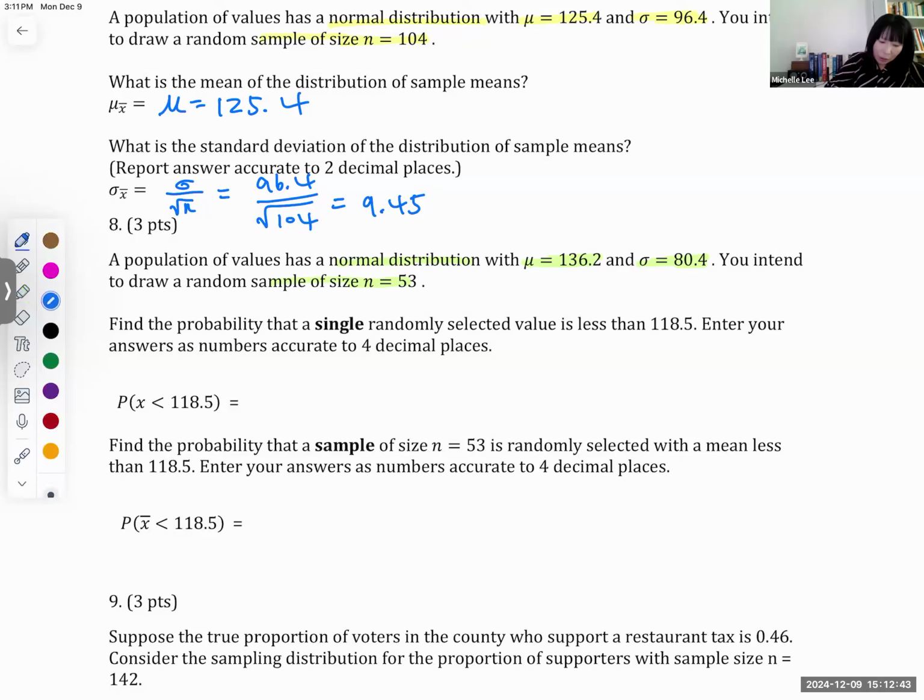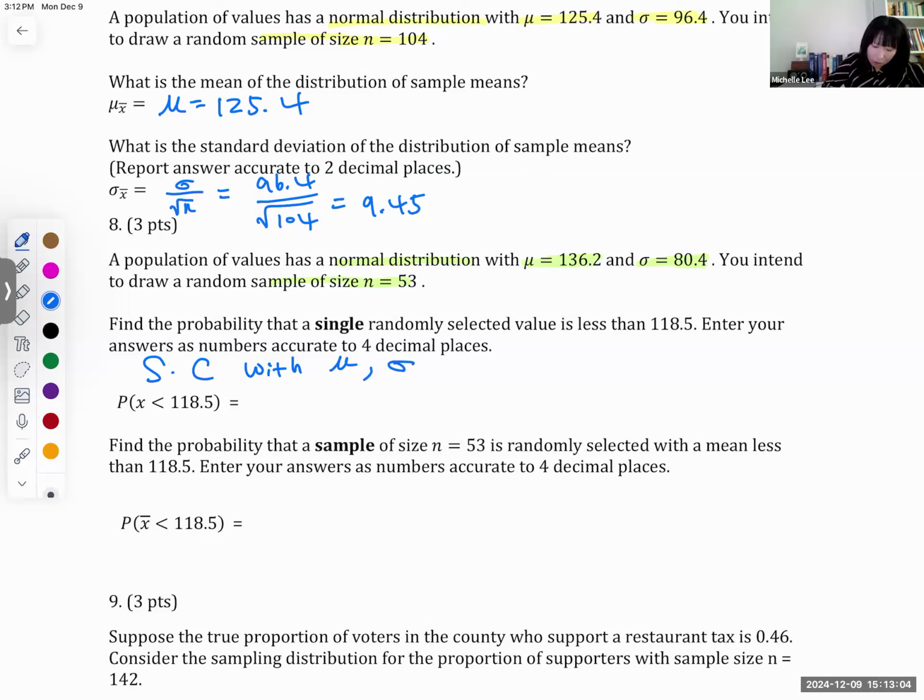Okay, so we are using StatCrunch with mu and sigma, all right?